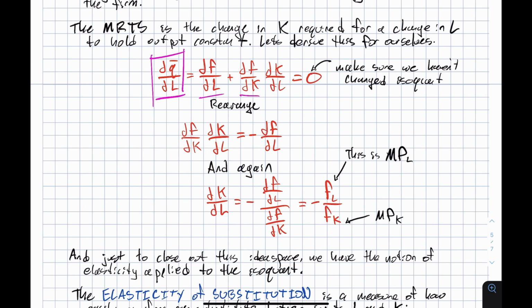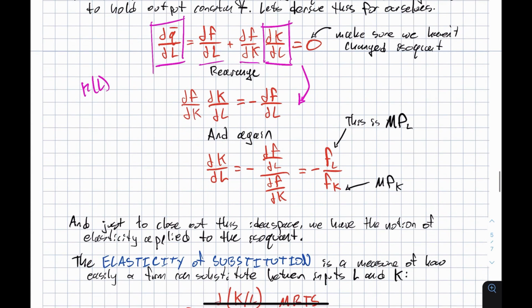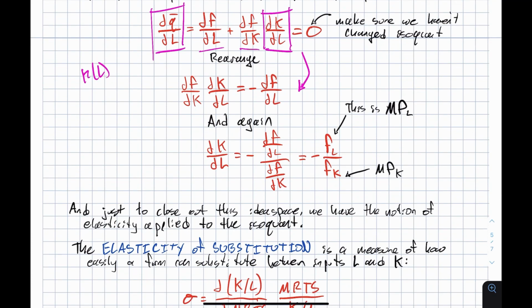But because K is a function of L, we have to multiply the derivative of the production function with respect to K times the derivative of K with respect to L. Then once we do that, setting it equal to 0, we can rearrange to give us this relationship here.